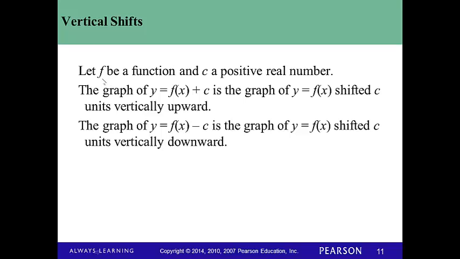If f is a function and c is a positive real number, the graph y equals f of x plus c is the graph of y equals f of x shifted c units vertically upwards. So notice that you're making a change on the function. Originally you would just have f of x, but now you're adding c to it. So you're making a change on f of x, which is really y.